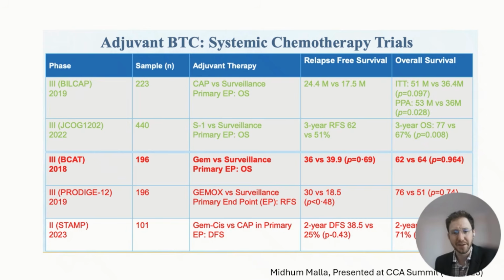But for right now, any patient that is a candidate for chemotherapy and is open to getting chemotherapy following resection, particularly if there are zero, I do offer adjuvant capecitabine.